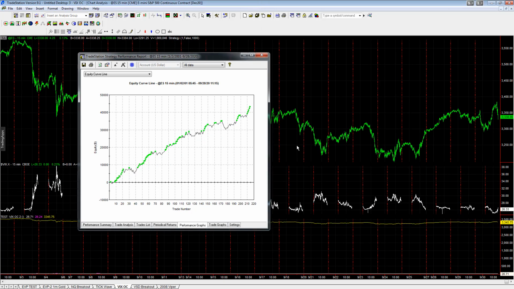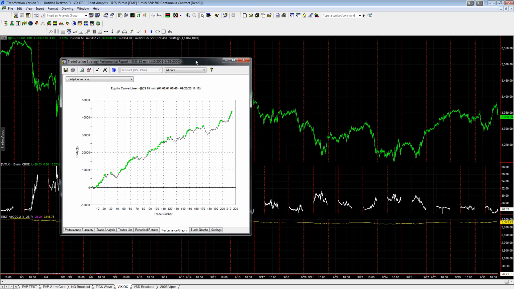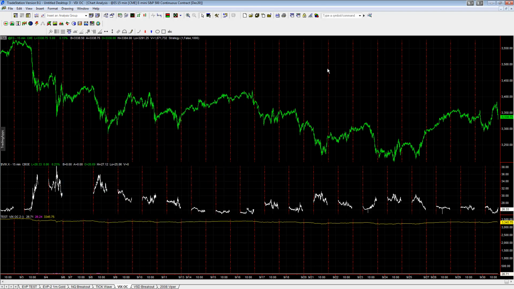And then VIX on close. We recently talked about VIX. And going back to 2001, this tests well. This is a new strategy that I've developed based on some of our recent discussions. I've never had a strategy where I trade the market on the close based on the VIX relationships with price, and this does that. This is a VIX on close strategy, and it actually doesn't trade on the close. I decided not to make it trade on the close.